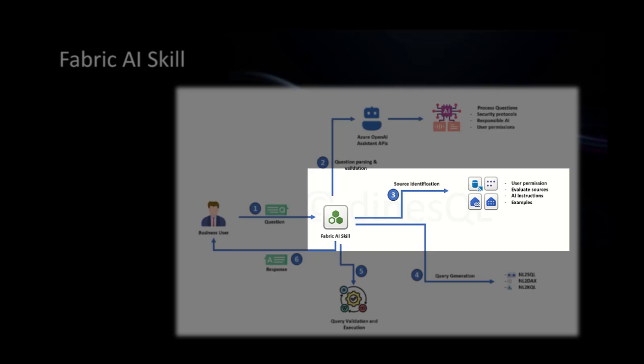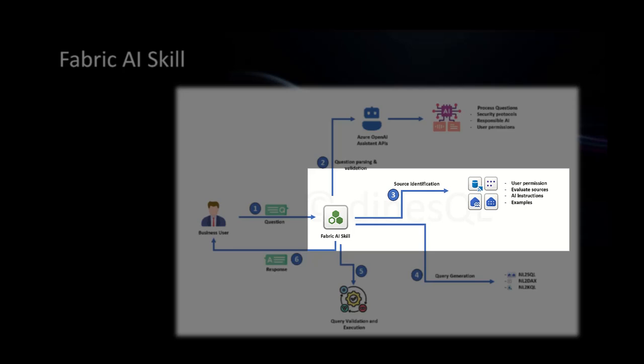So AI skill accepts instructions. You have no way of attaching files or uploading files. You have to use the input box given for adding instructions. So at this step, it will read the instructions as well, or it will use the instructions given for identifying the correct source. In addition to that, when you configure AI skill, you can add some examples.